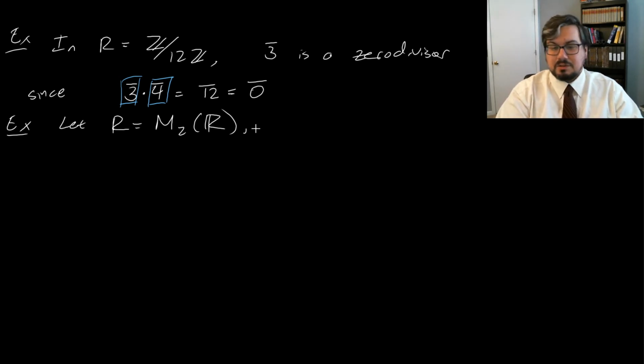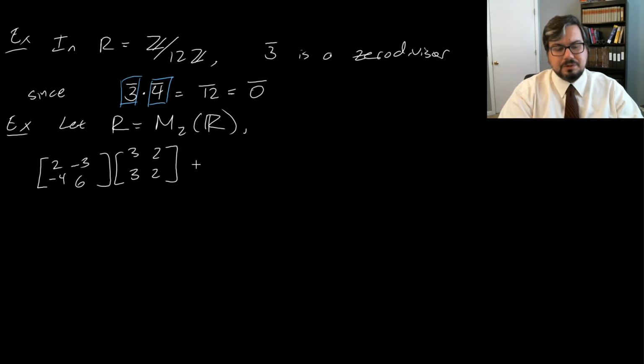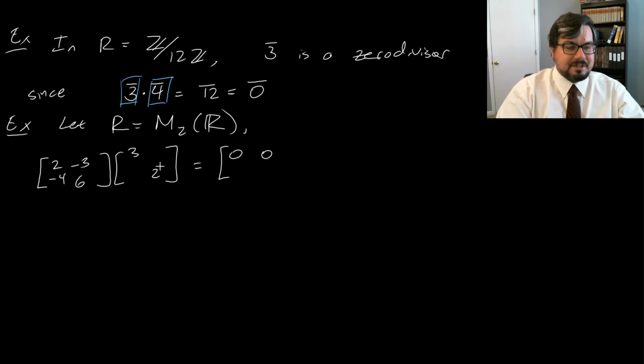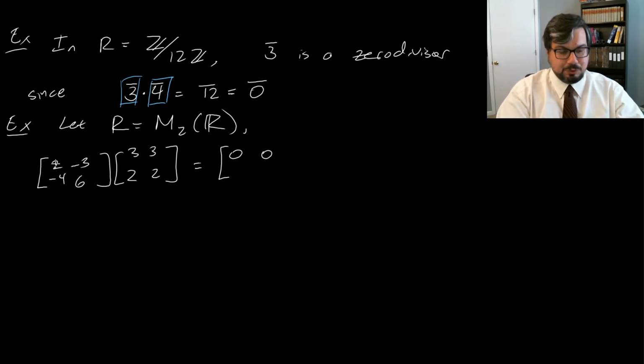And let's note that if we take the element 2, -3, -4, 6, and multiply it by 3, 2, 3, 2, this winds up giving us 0, 0... Sorry about that. I copied this down wrong. We want 3, 3, 2, 2.